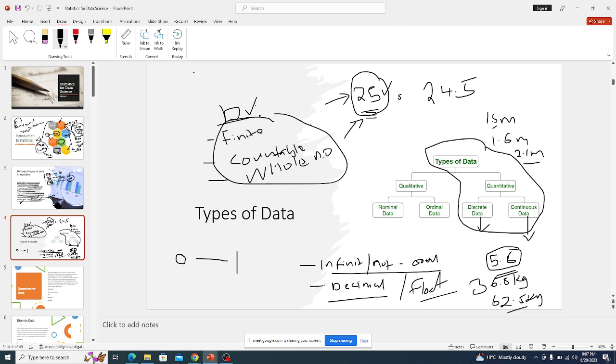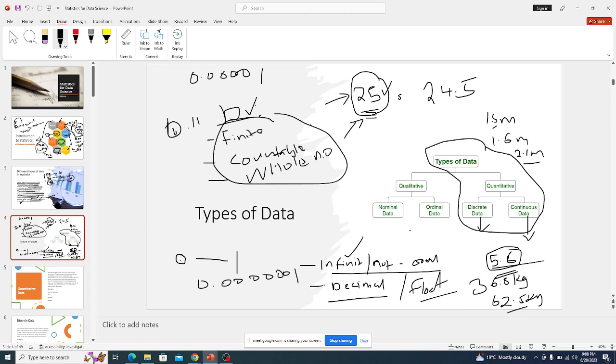For example, 0.00001 is a value between 0 and 1. 0.11 is a value between 0 and 1. 0.00000001 is a value between 0 and 1. So we have very many values between 0 and 1, which occur in float form. That's why we are saying that for continuous data it's infinite, not easily counted.